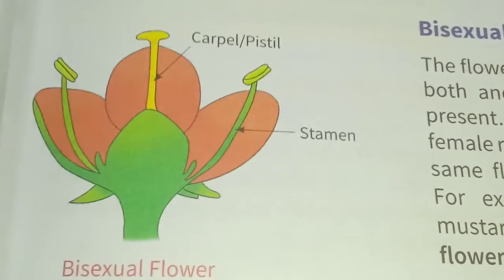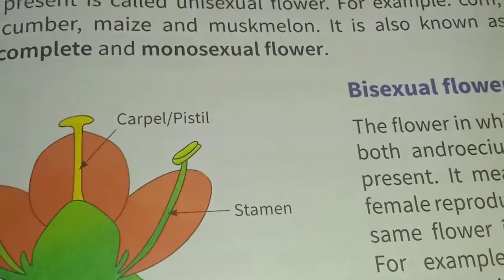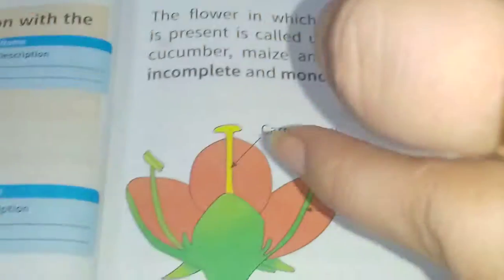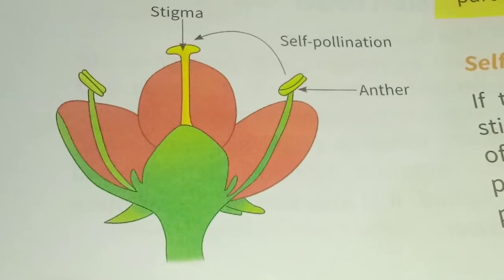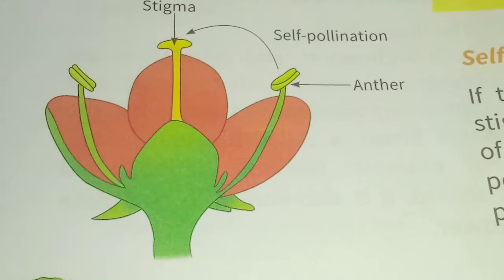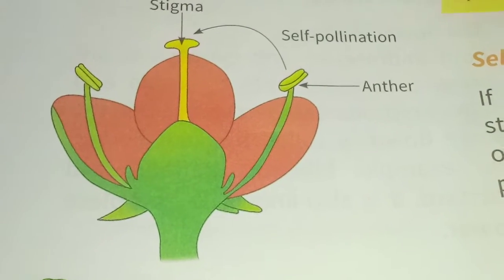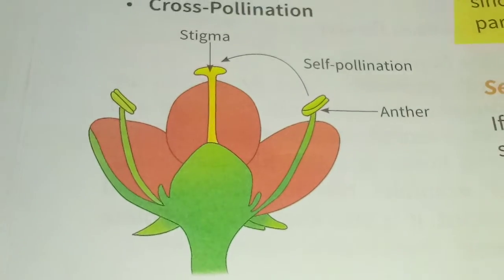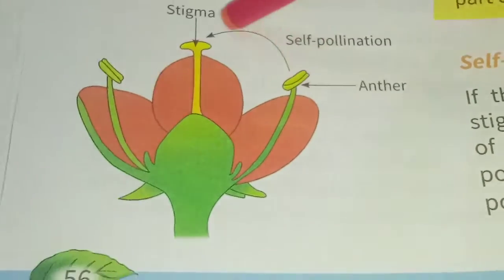Now I am telling you about pollination. The process of transfer of pollen grains from anther to stigma is called pollination. Look at the picture. This arrow shows the transfer of pollen grains from anther to stigma.